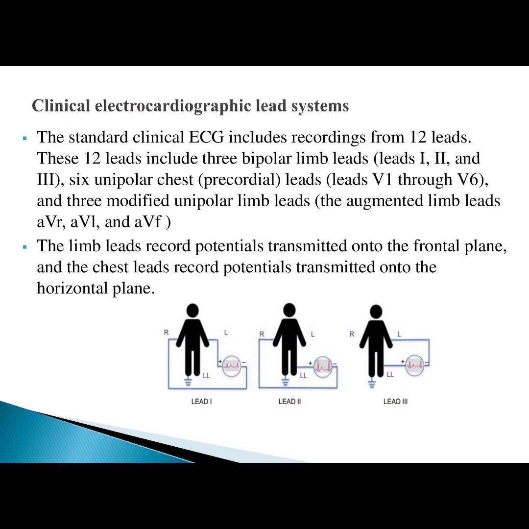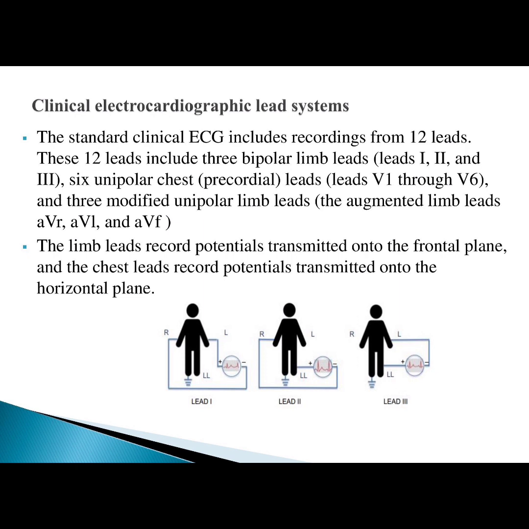These 12 leads include 3 bipolar limb leads, lead 1, 2 and 3, 6 unipolar chest leads, V1 through V6, and 3 modified unipolar limb leads, the augmented limb leads AVR, AVL and AVF. R means right, L means left, F means foot.